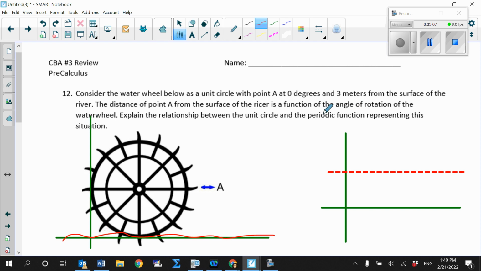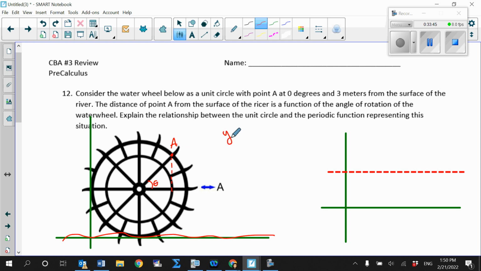Similar to what we just talked about, as this point is making its way on the circle, circulating around here, the height of this point is basically a function of the angle made around this circle. For example, if I consider theta, the point A moves here. So this height is a function of this angle.